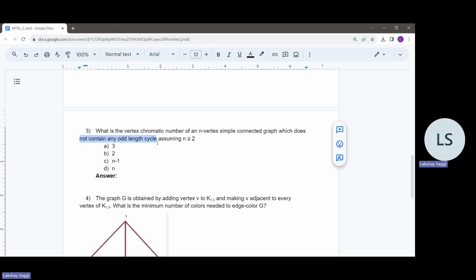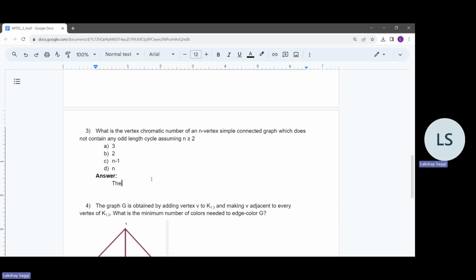Just mentioning to you, the graphs which have this property, that they do not contain any odd length cycle, are called bipartite graphs.